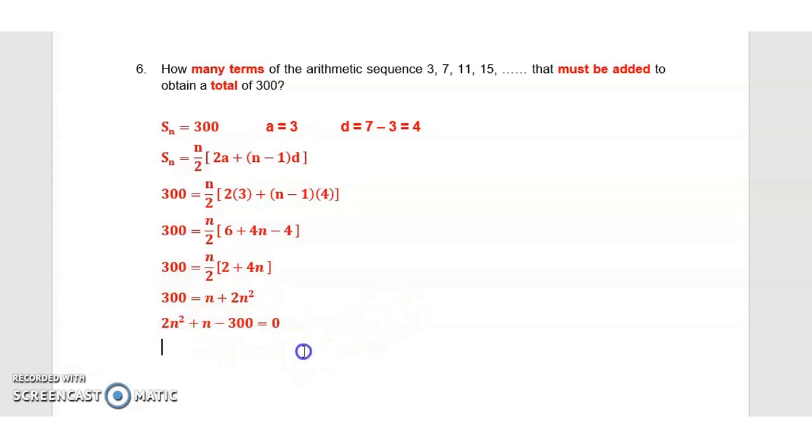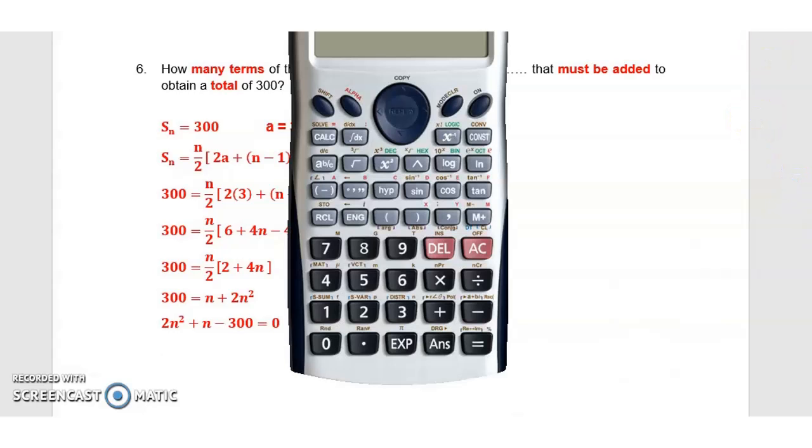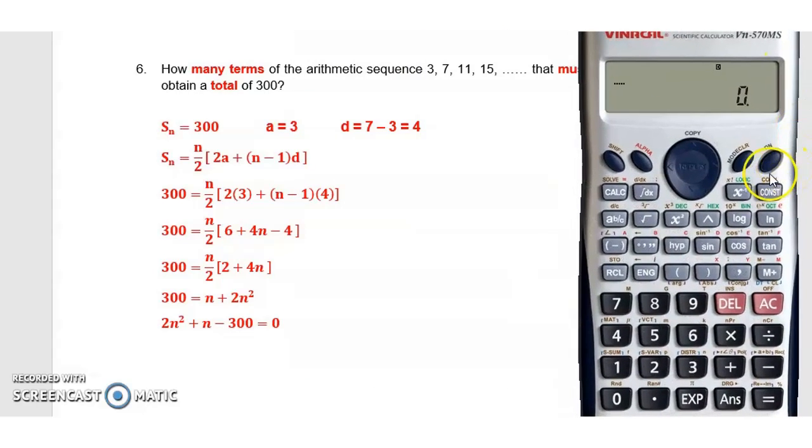So ax squared plus bx plus c. Now a equal to 2, b equal to 1, since n means 1n, and c equal to negative 300. So how to find value n? Simply you can use the function in your calculator. You go to mode, then look for EQN, which is equation.